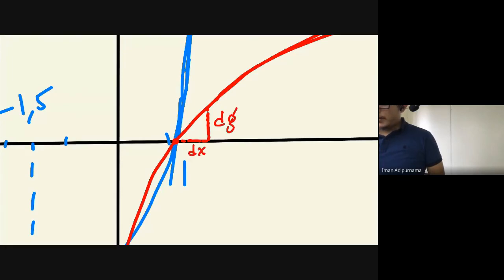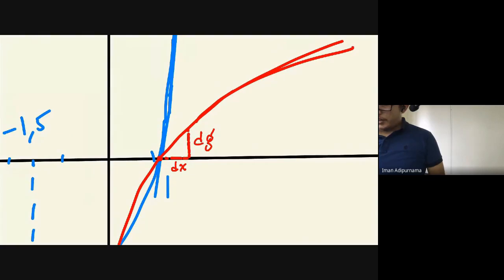And then I also have the blue one here, this is df and dx. We can observe this when we look closely: zoom, zoom, and zoom. It's like a straight line. You remember the tangent, the gradient. At the curve, it's like a straight line, like a linear function.